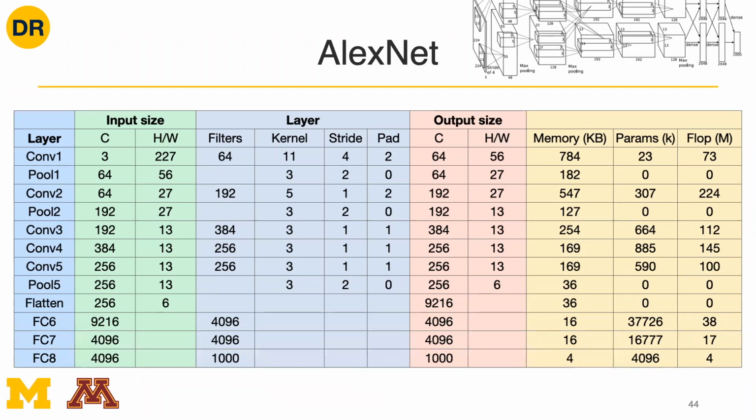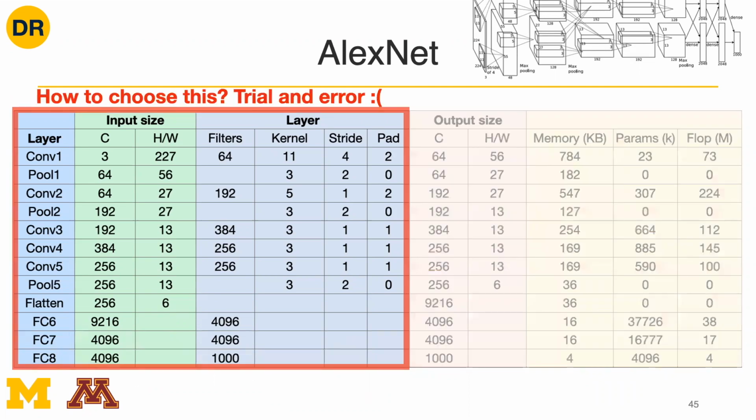I think the way they came up with this was basically trial and error. It would have taken a lot of time to figure out an architecture that works and also beats the previous approaches on ImageNet.